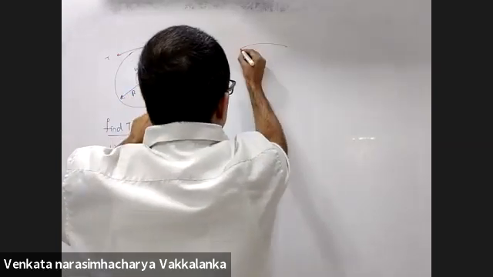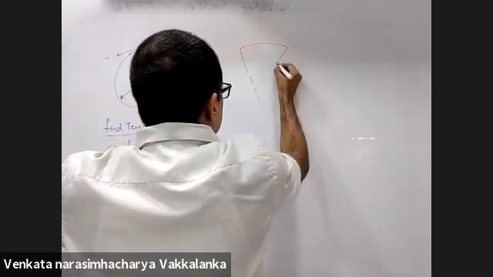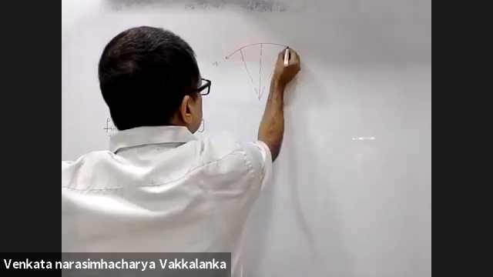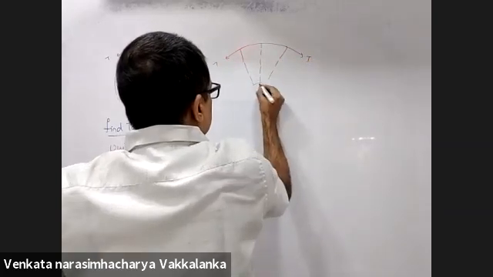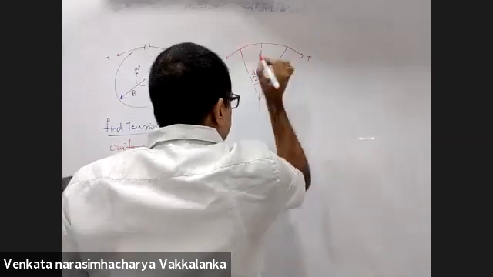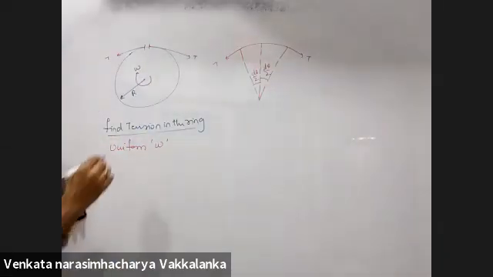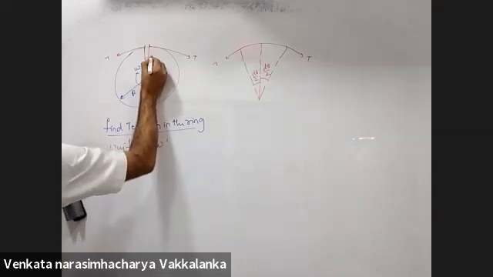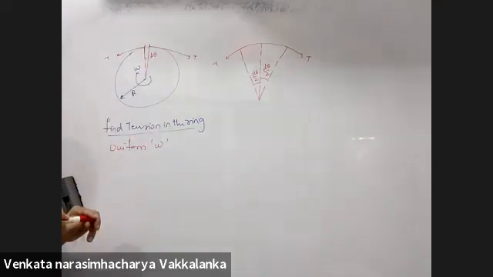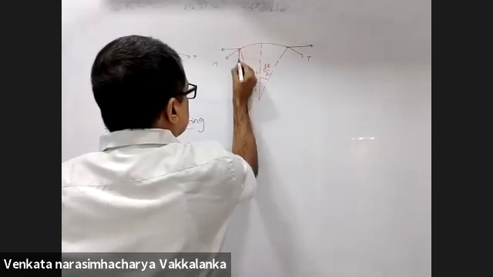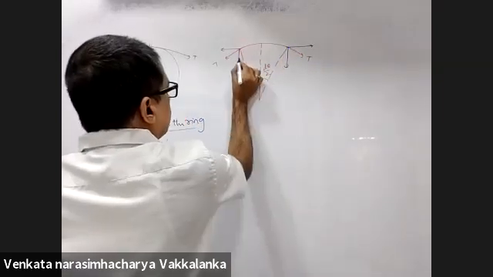The amplified diagram of this small element will come this way. This is T, this is T. This will be d theta by 2 and this will be d theta by 2. This angle will be d theta. The horizontal components cancel out each other and the vertical components add up.